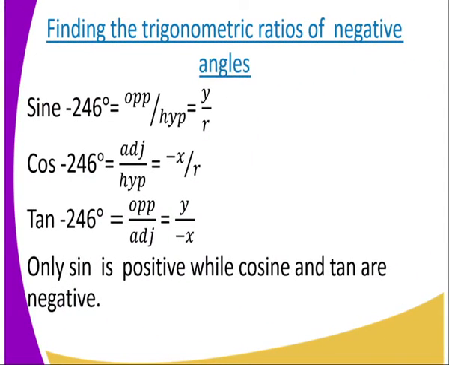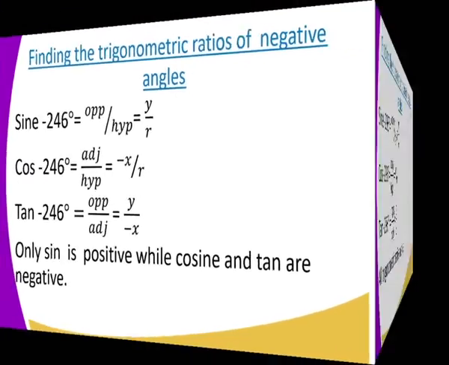Then we go to negative 246, where sine is y divided by r, cos is negative x divided by r, and tan is y divided by negative x. In this case, only sine is positive, while cosine and tan are negative, the second quadrant properties.